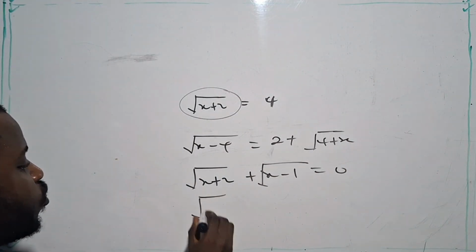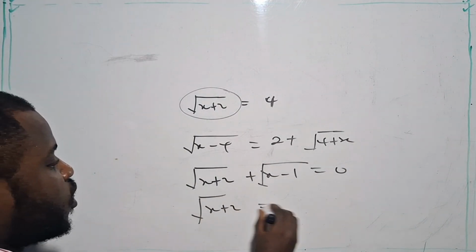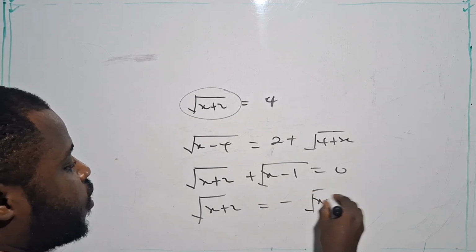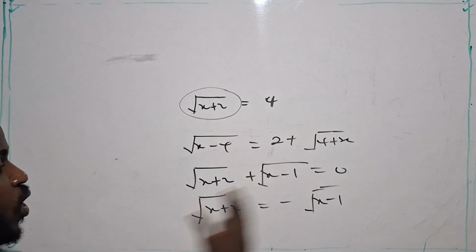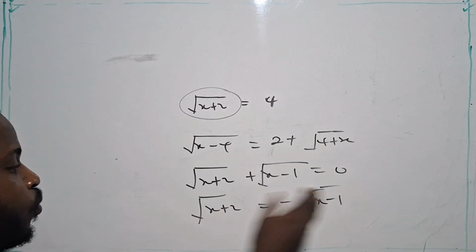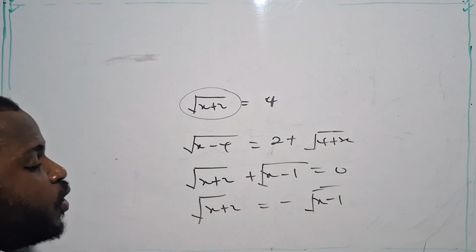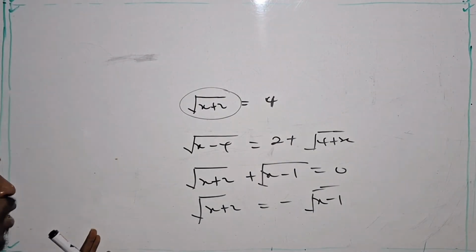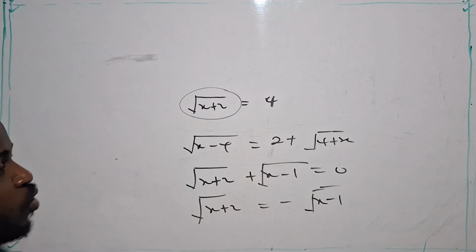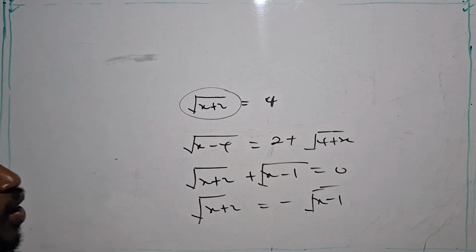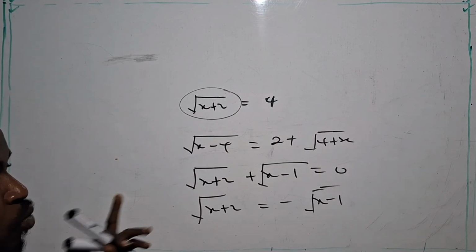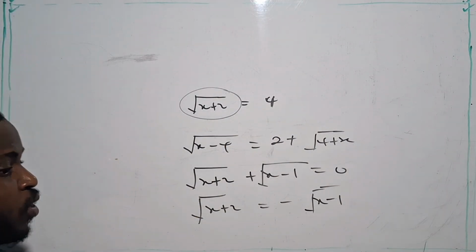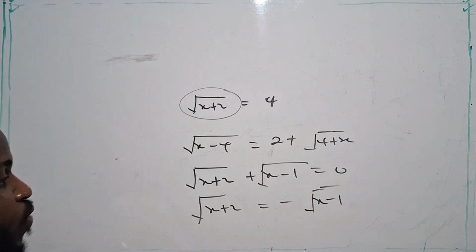So this is going to give us the square root of x plus 2 is equal to negative the square root of x minus 1. We are going to isolate both of these on the other sides of the equation, the left side and the right side, unlike the first one where we isolate only one radical from the other elements, then we solve. That's the only difference between the first one and the second one.